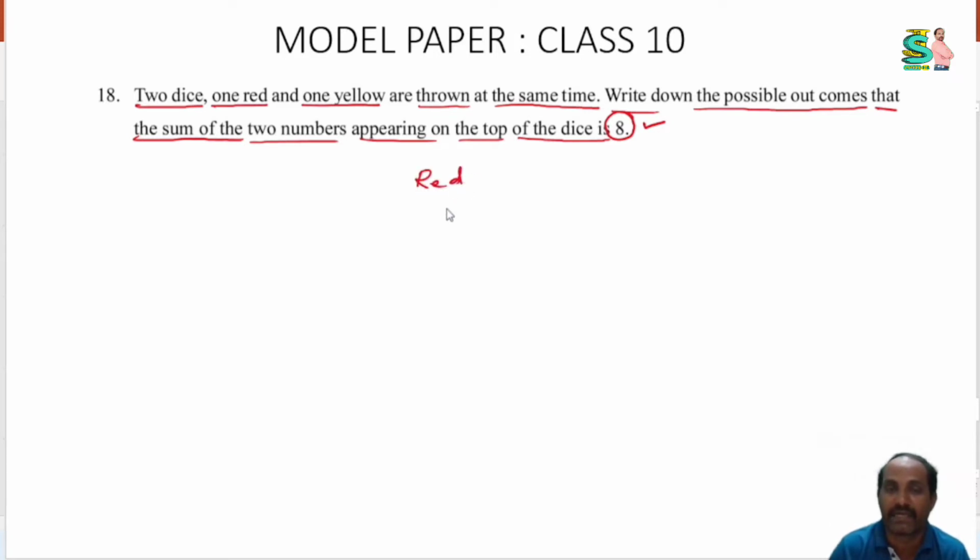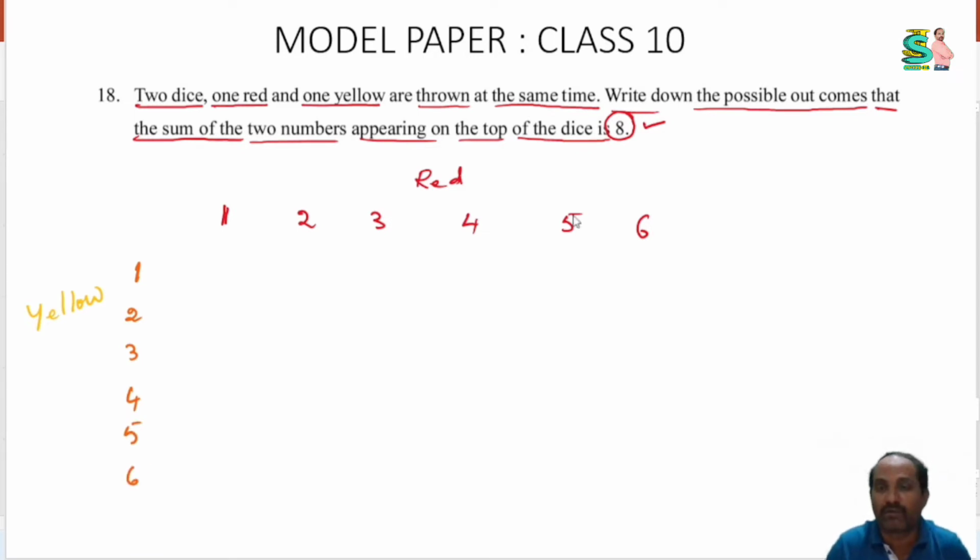So I will write here red, 1, 2, 3, 4, 5, 6. 6 numbers are there. And next one is yellow. Yellow is not visible, that's why I will take orange color. It is better to be visible there. Now 1, 2, 3, 4, 5 and 6.